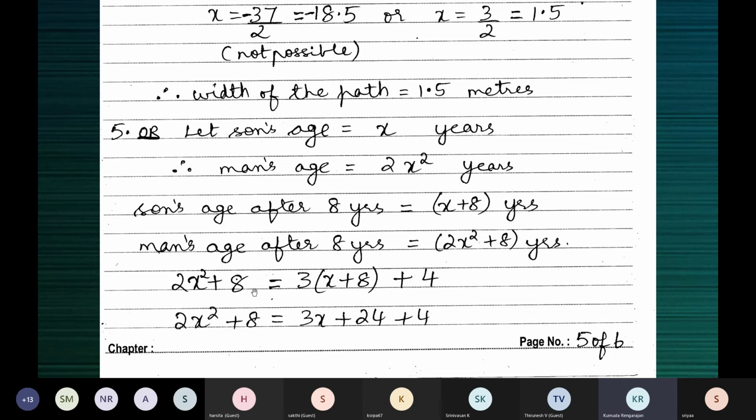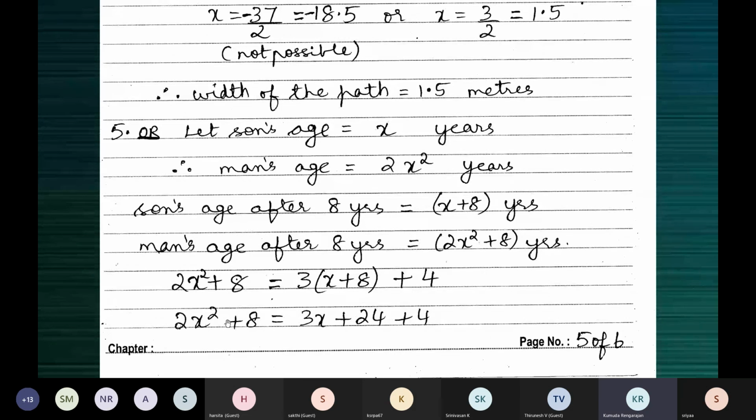The man's age is, means equal to, 4 more than, plus 4. 4 more than what? 3 times the son's age. So 3 into what's the son's age? X plus 8. So after 8 years, the man's age is 4 more than 3 times the son's age.